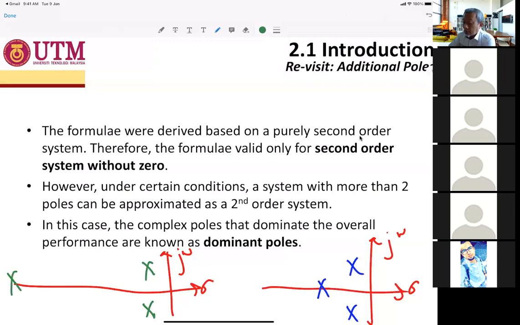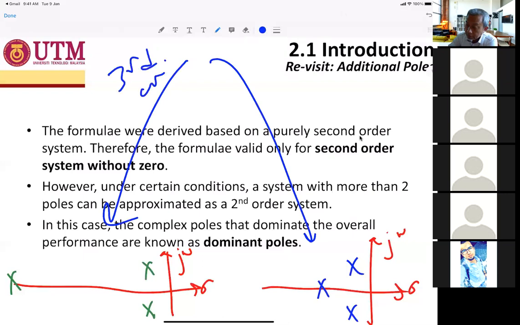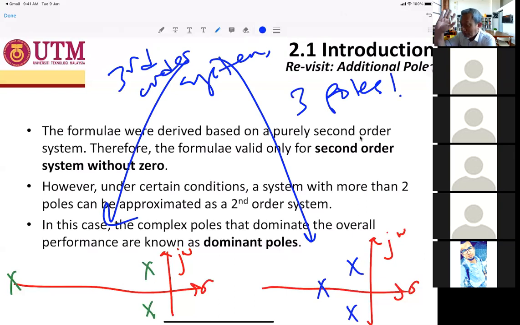Okay, so you can see that both of these are third order systems because they have 3 poles. Am I right? Hello? Hello, guys. Yes, Doctor. Yes, sir, can hear you. Don't sleep in my class. Okay. So you can see that both have complex conjugate poles.